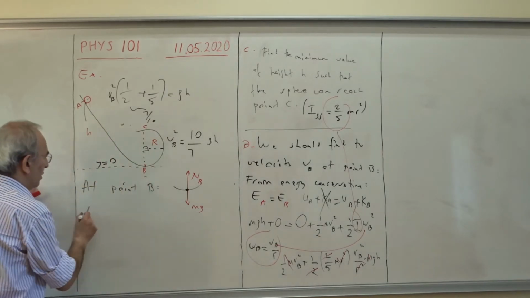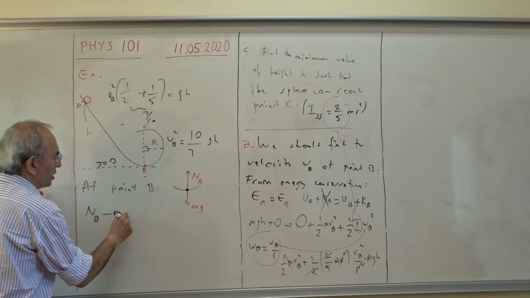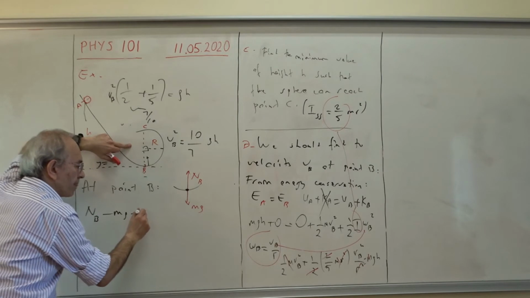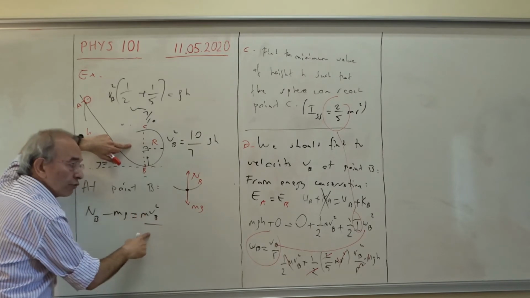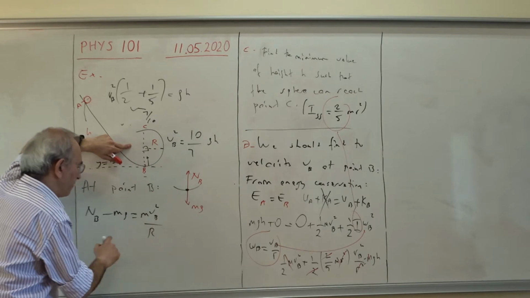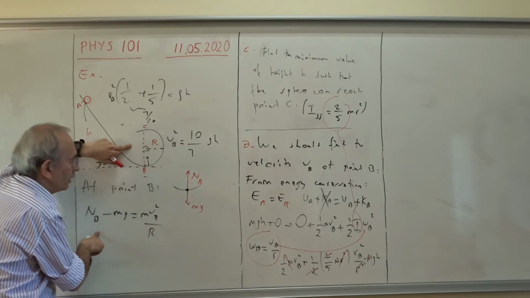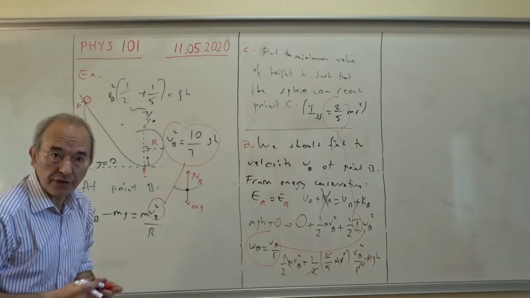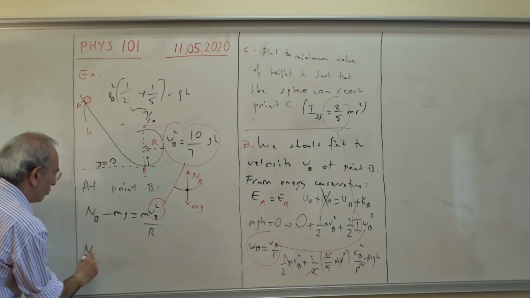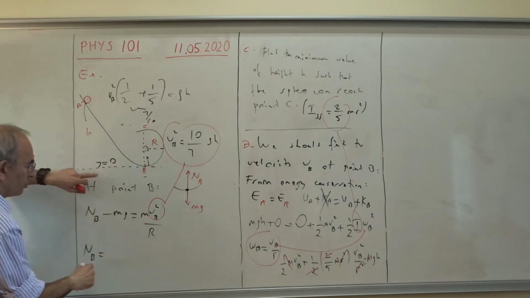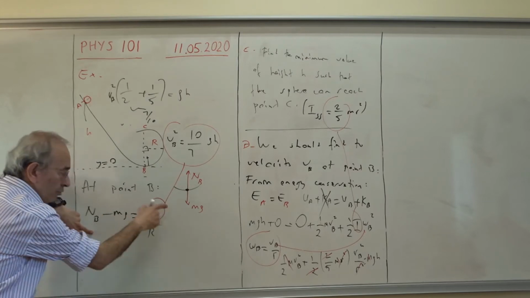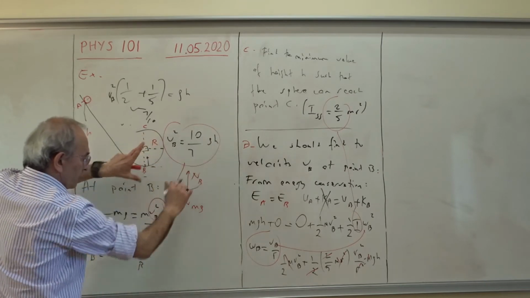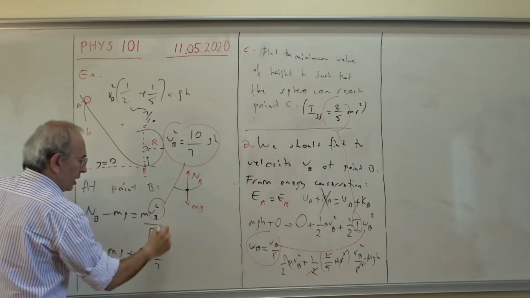So the difference Nb minus mg is equal to the net force in this direction, which is mVb squared over R, where of course this is the radius of the road, capital R. And Vb squared is simply placed from the previous finding. So Nb, the normal force as it passes by point B, is mg, taking it to the right as positive, plus m over R multiplied by Vb squared, which is 10/7 gh.